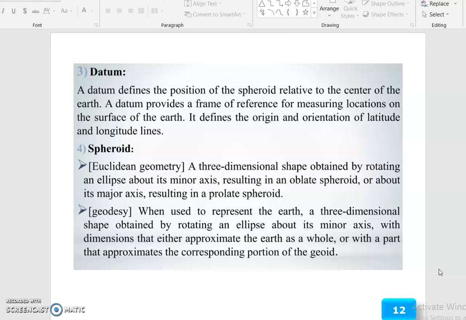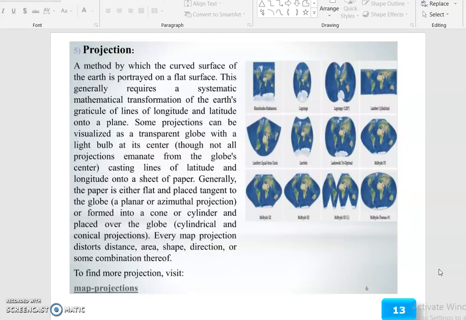So in geodesy, when used to represent the earth, the three-dimensional shape obtained by rotating an ellipse about its minor axis with dimensions that either approximate the earth as a whole, or a part that approximates the corresponding portion of the geoid. The projection: the method by which the curved surface of the earth is portrayed on a flat surface.